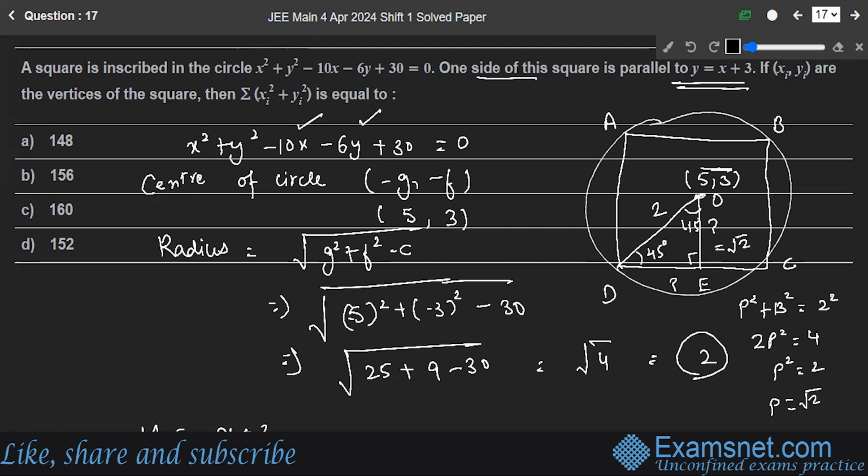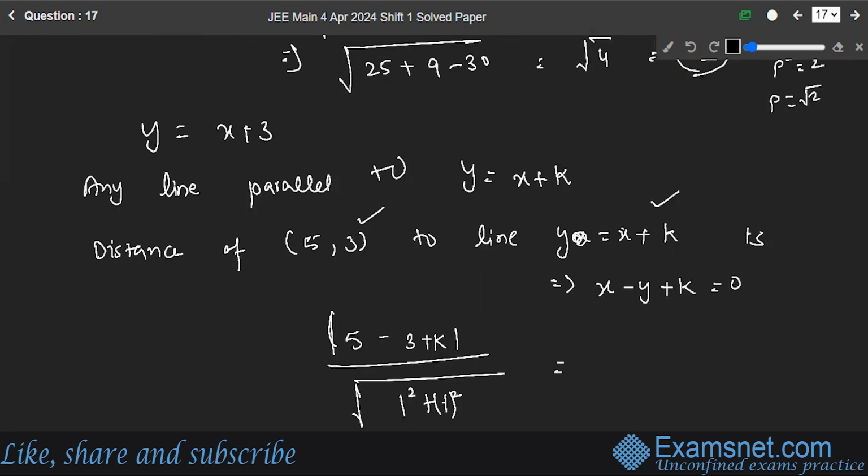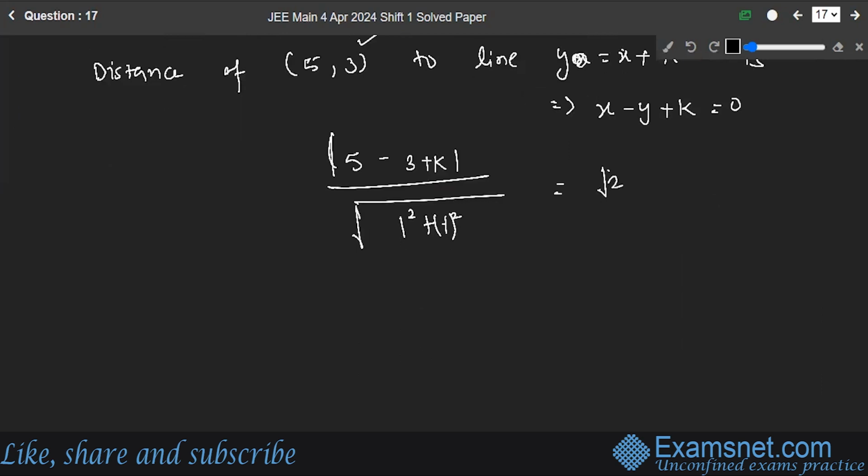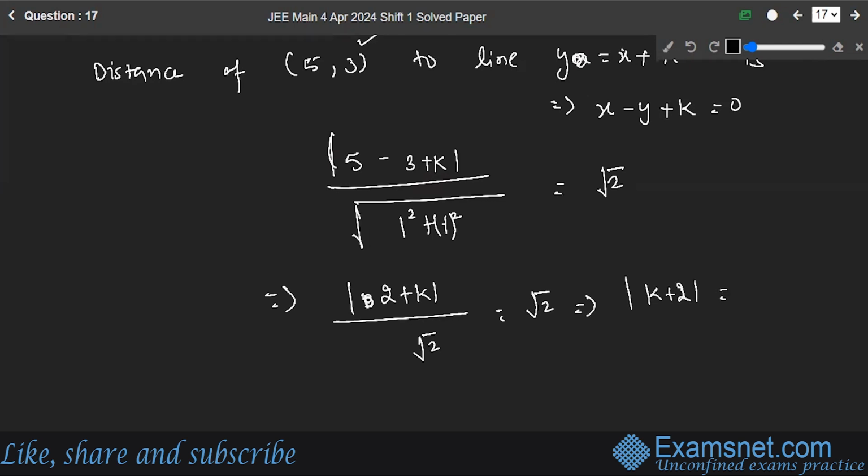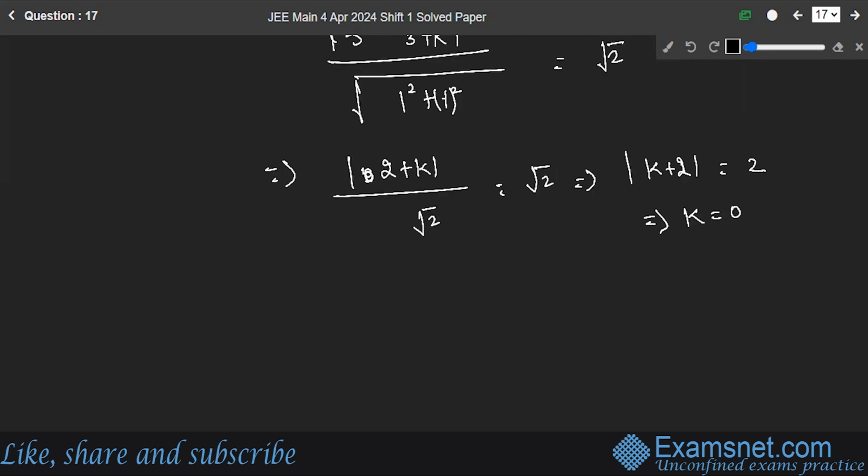That means the perpendicular distance from the center to this side BC is equal to root 2. Now, this is equal to 5 minus 3, which is equal to 2, plus k upon root 2 is equal to root 2, which gives me mod of k plus 2 is equal to 2, right? There are two values possible.